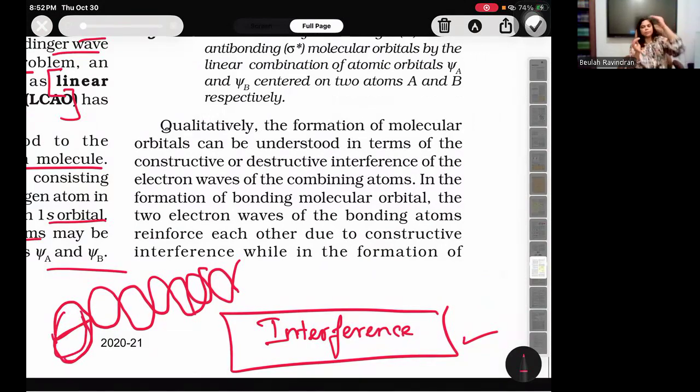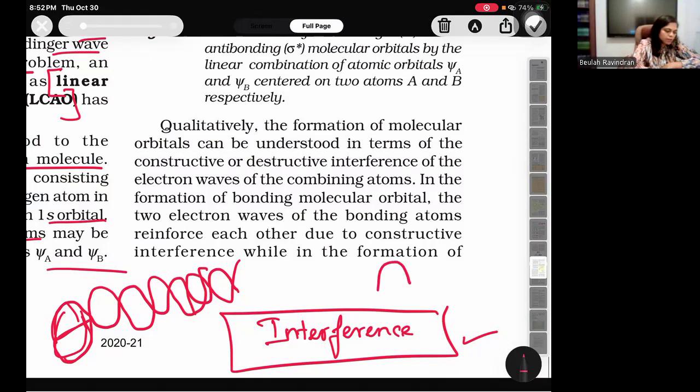That means one plus and another plus. So it forms a constructive one, which means it has the maximum electron wave, a combination of atoms.